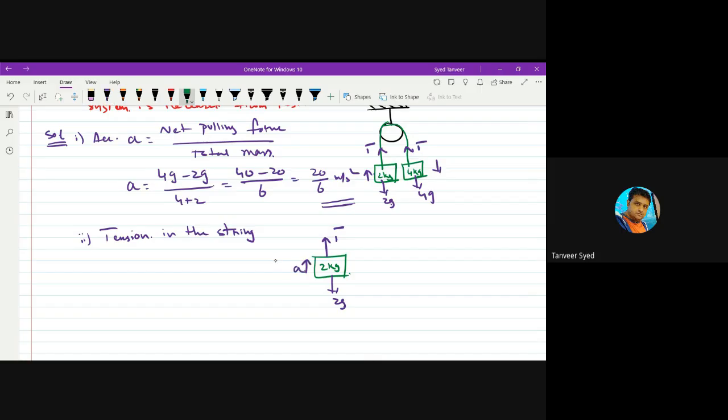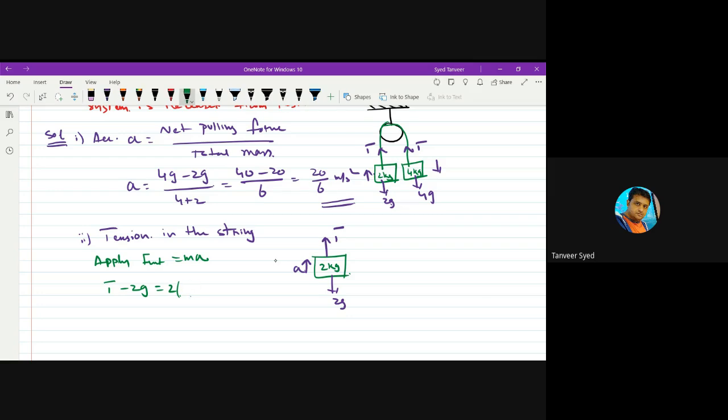So, if I apply F net equal to ma, net force on the 2 kg is T minus 2g, because it is moving up. Upward force will be larger. T minus 2g is equal to mass, which is 2, into acceleration a.